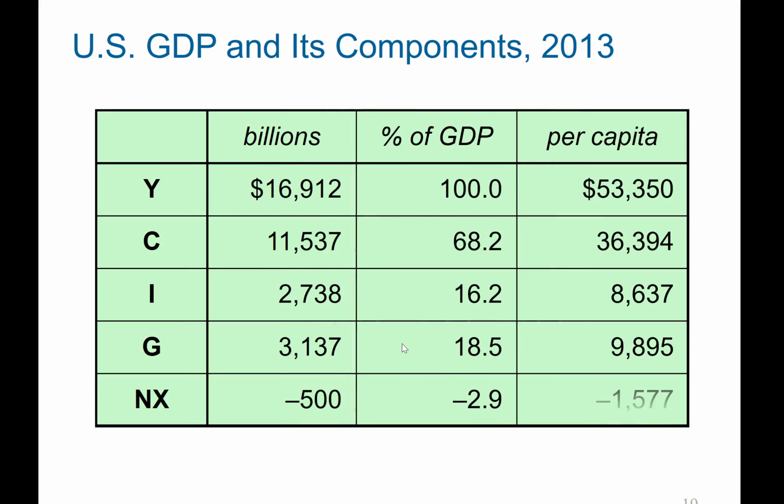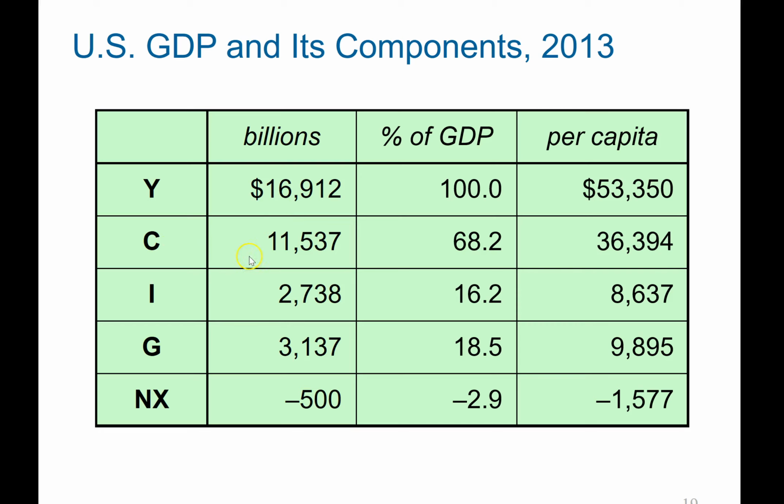This gives you a nice little look at how the components break down in terms of how much percentage each one makes up of the GDP total. So here's in 2013, total GDP was 16,912 billion. It's measured in billions.